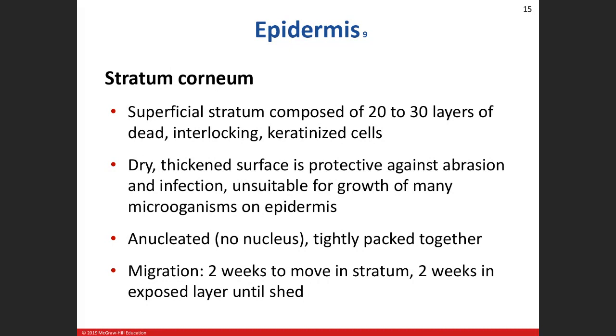All the cells here are considered non-living. It takes about 2 weeks from the point of division in the stratum basale to reach this layer. And then those skin cells will spend another 2 weeks in that layer, depending on where the area is. On the bottom of your feet, not too long, or the palms of your hands.